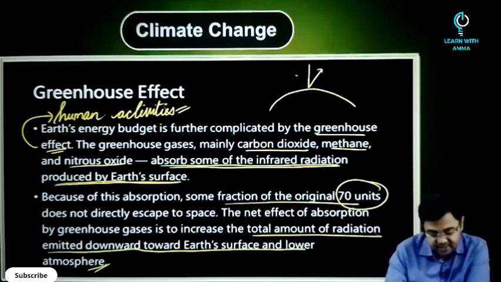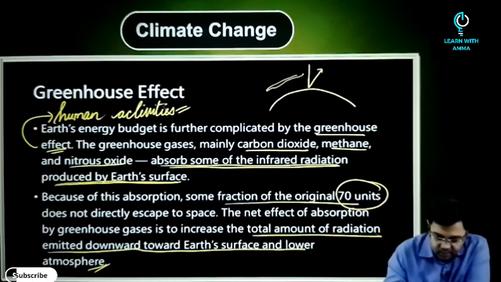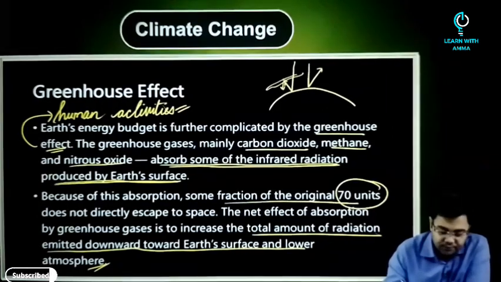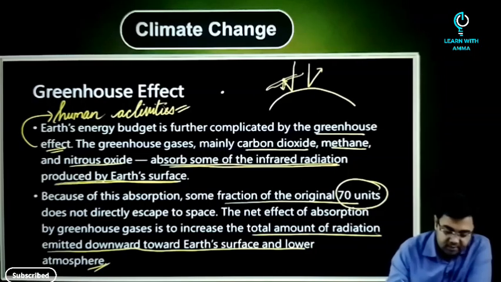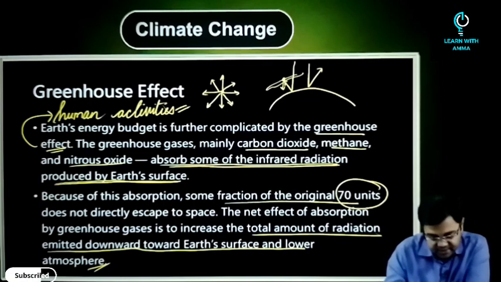But since there is a presence of greenhouse gases in this part of the atmosphere, what happens is this is coming. Now, this is not going back. Some of it is being reflected back. So from here, if I take this point here, basically this radiation will go in all the directions.